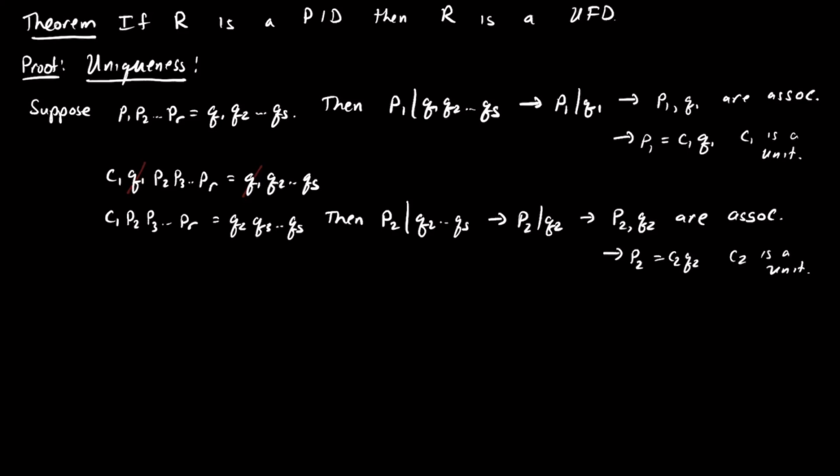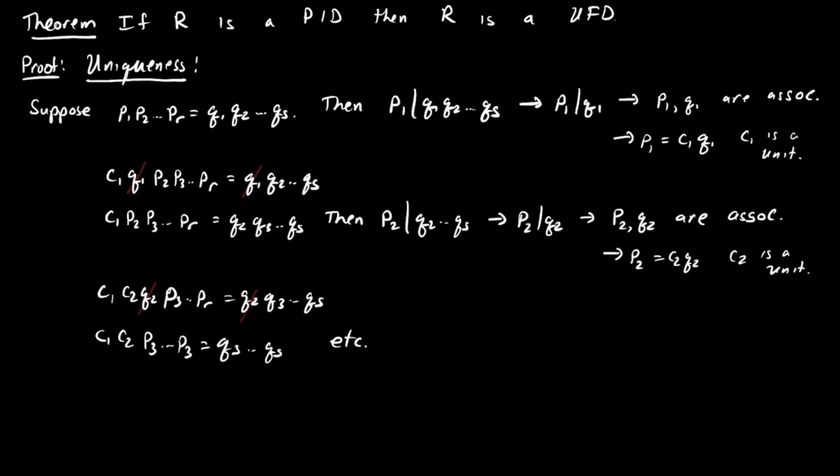Then I have C1 times C2 Q2, P3 up to PR is equal to Q2, Q3 up to QS. Then I cancel the Q2s, and I now have C1, C2, P3 up to PR is equal to Q3 up to QS, and I continue this way.